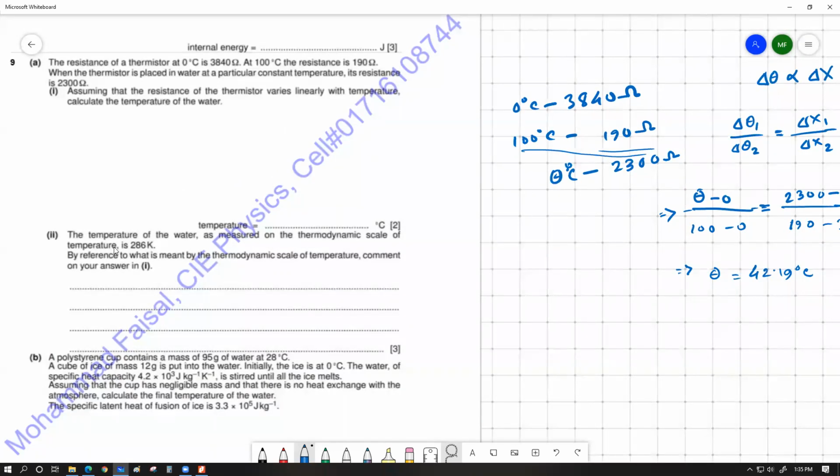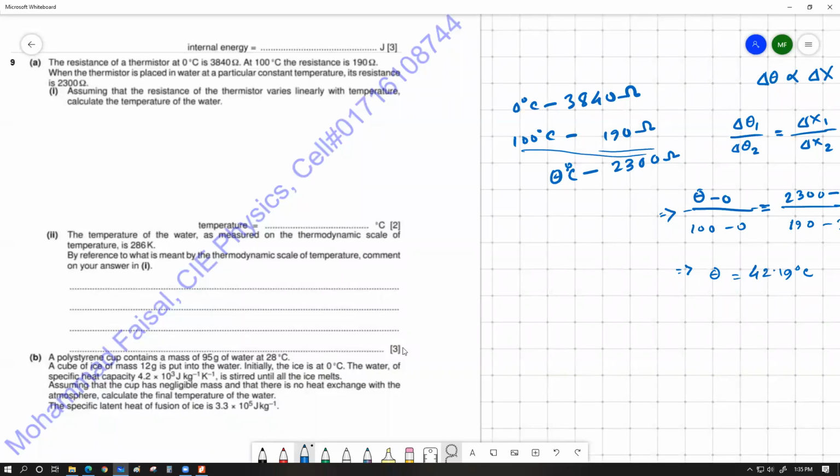Number 2 says the temperature of the water as measured on the thermodynamic scale of temperature is 286 Kelvin. By reference to what is meant by the thermodynamic scale of temperature, comment on your answer in 1. This can prove to be a challenging type of question because it is quite rare. It is a 3-mark question.